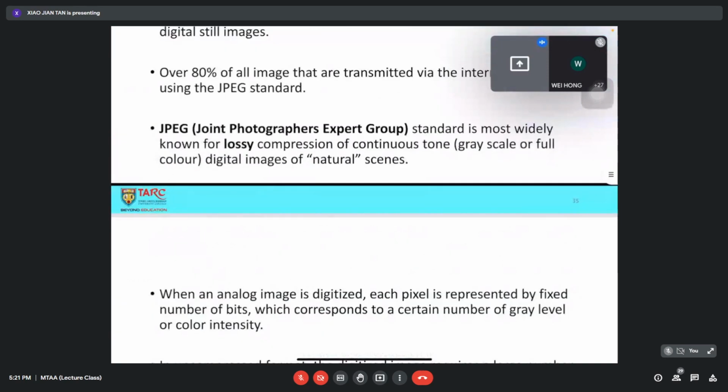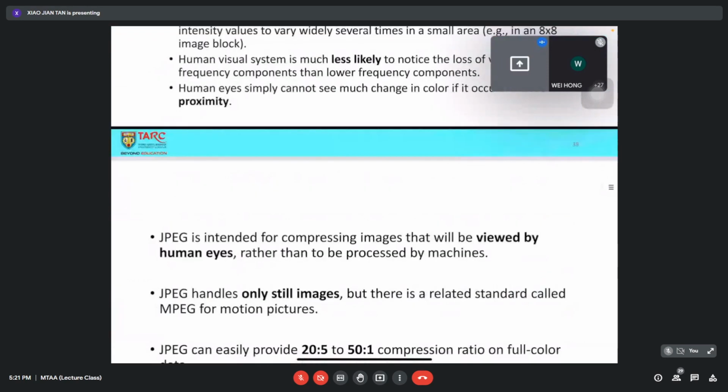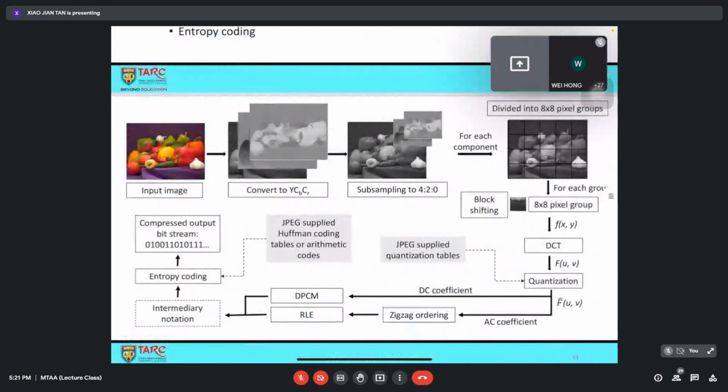We move to JPEG conversions. Okay, JPEG compression is important, so do study this one. Do understand.